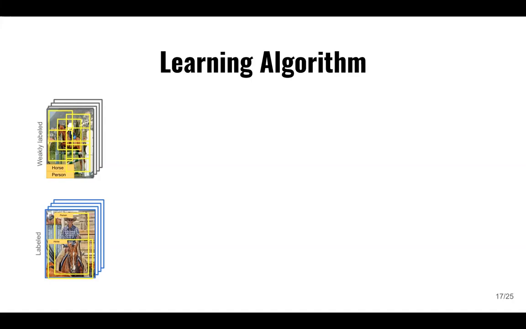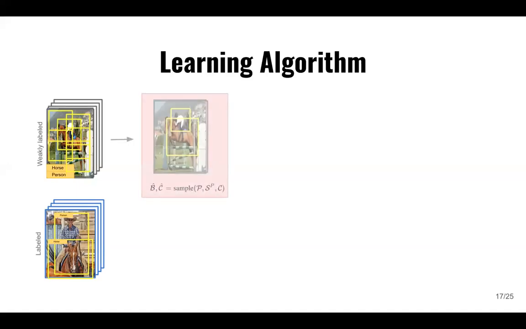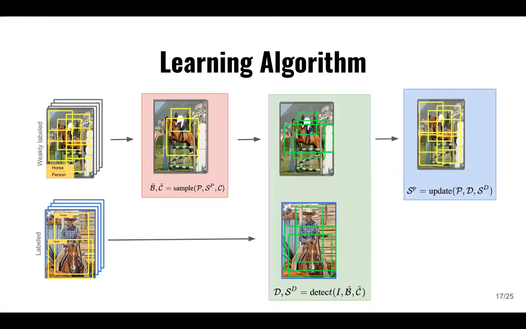So this is the data that goes into our method, weakly supervised methods with the object proposals. And for those weakly labeled images, we get the sample locations and their class labels. And the next stage is computing the detection scores and detection boxes.